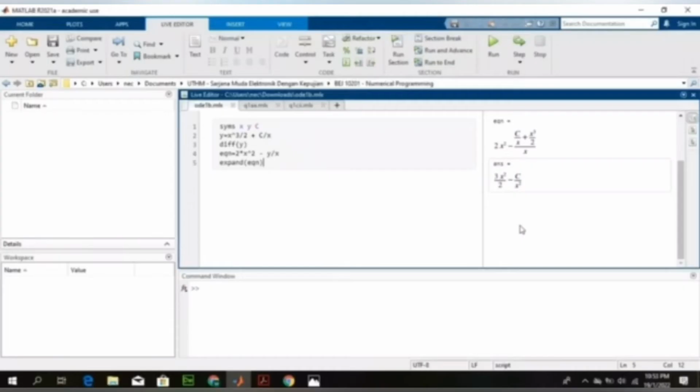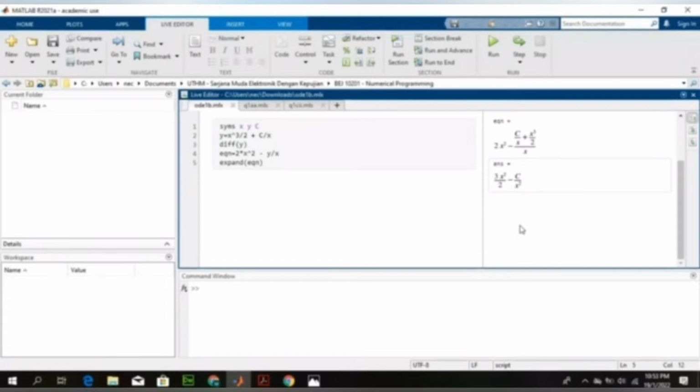So we need to integrate the factor, and the final answer I get is y equal to x power of 3 over 2x plus c over x. So we move to the MATLAB calculation.